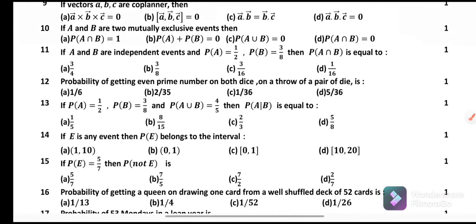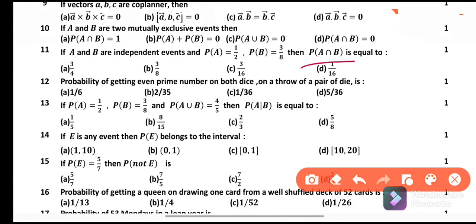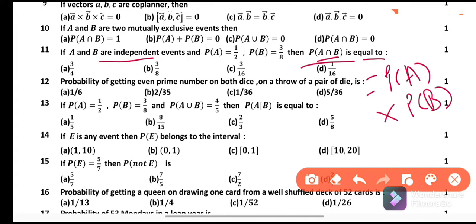Next, if A and B are independent events and the probability of A is 1 by 2, the probability of B is 3 by 8, then the probability of A intersection B is equal to, because the events are independent, the probability of A intersection B is equal to probability of A times probability of B. Now multiply these two, 1 by 2 multiplied by 3 by 8, which is equal to 3 by 16. So the answer is option C.